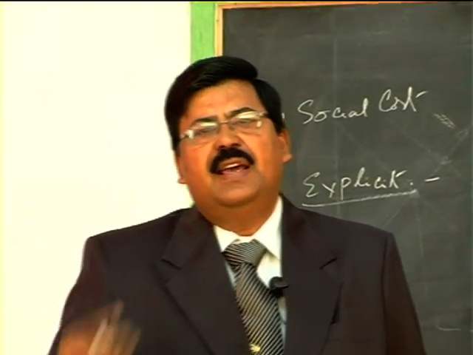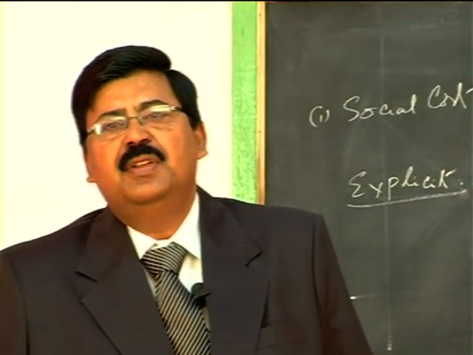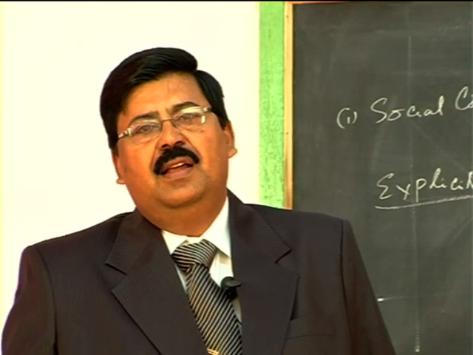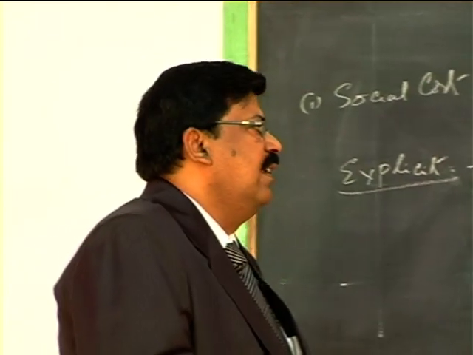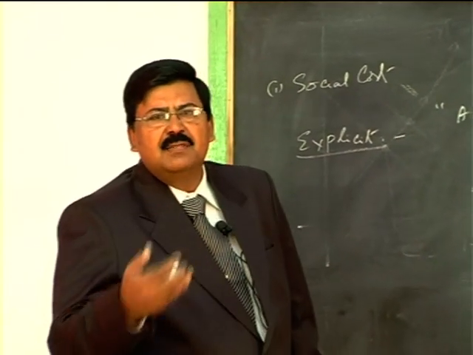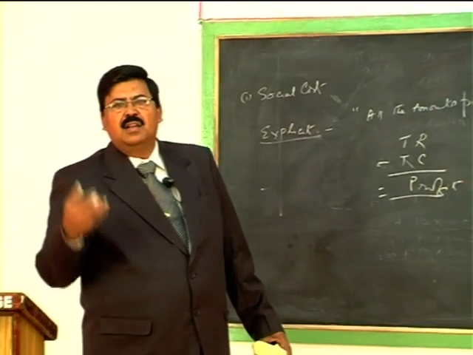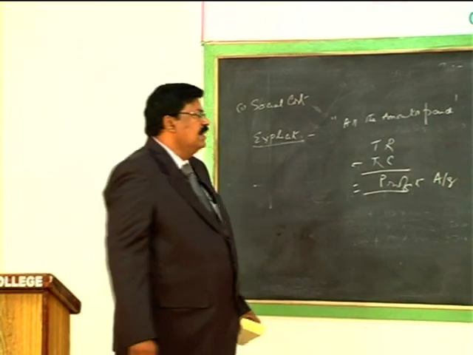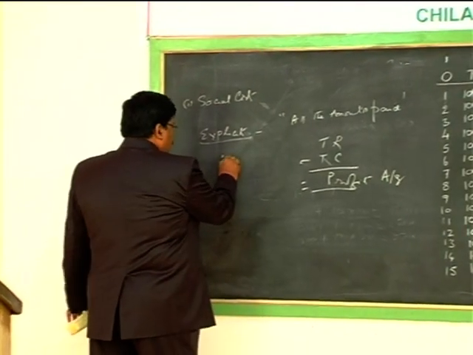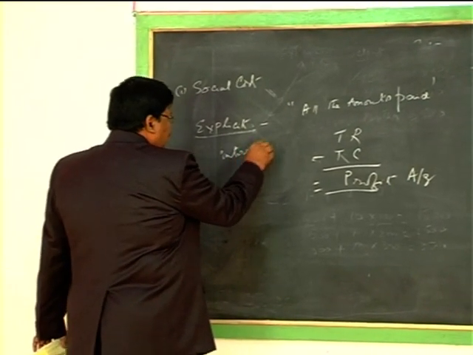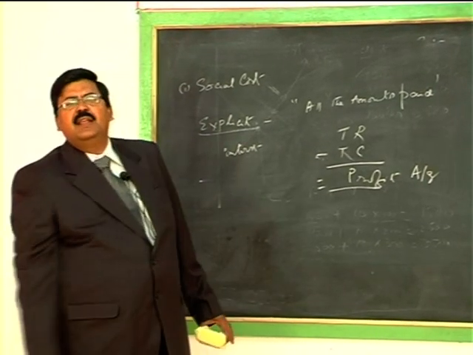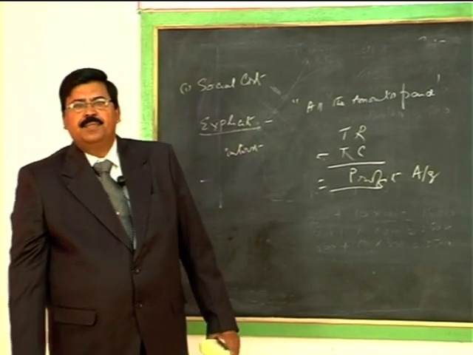And what about the time allotted by this entrepreneur for this line of activity? Had he not undertaken this line of business, he could have invested his money in a bank, for example, or in interest yielding bonds or securities, so that he can get some interest income. So he is foregoing interest by way of investing his own money in the business.